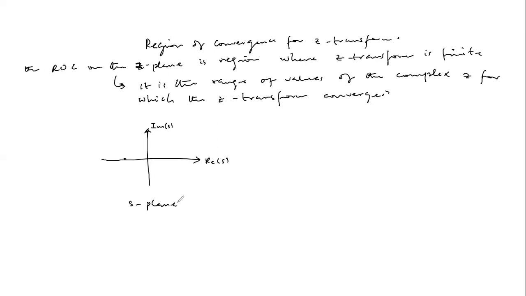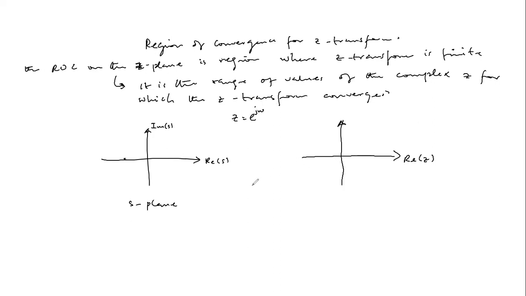Now, for the Z-plane, we also have the imaginary and the real axis, but you will observe that the j omega axis, which is the imaginary axis in the S-plane, maps to the unit circle in the Z-plane using the transformation z is the same as e to the j omega.